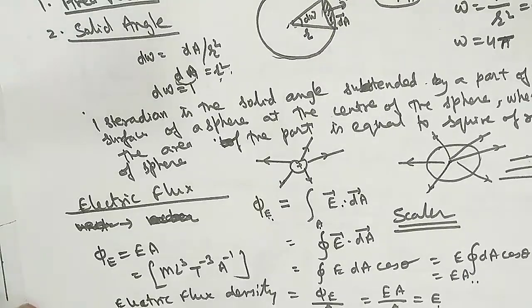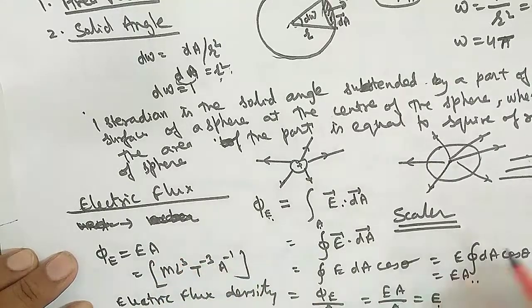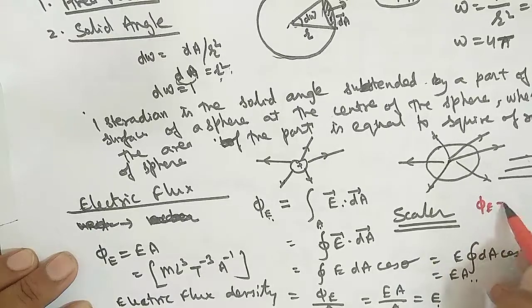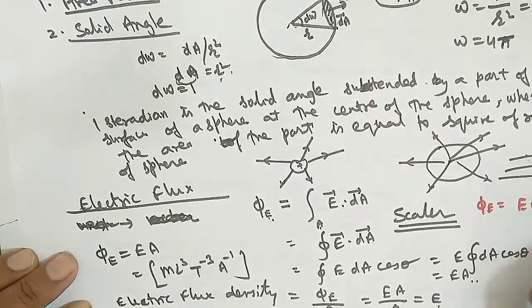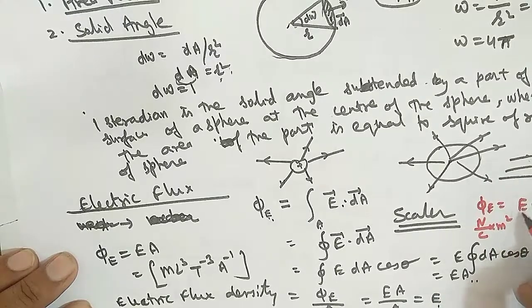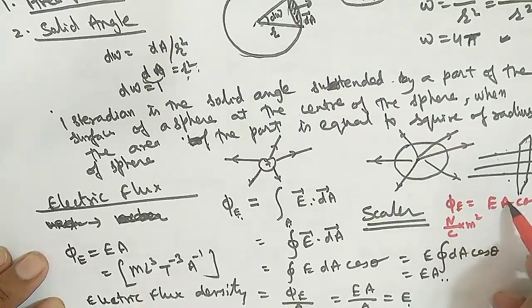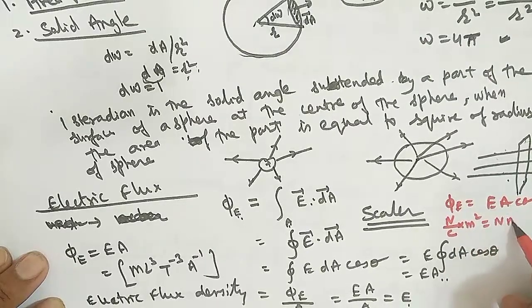So dear students, the unit of the electric flux can be found by the formula. See, phi E is equal to EA cos theta. The unit of the electric field is Newton per coulomb, and the unit of the area is meter square. So it becomes Newton meter square per coulomb.